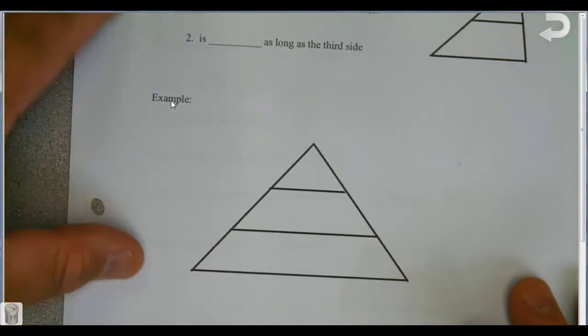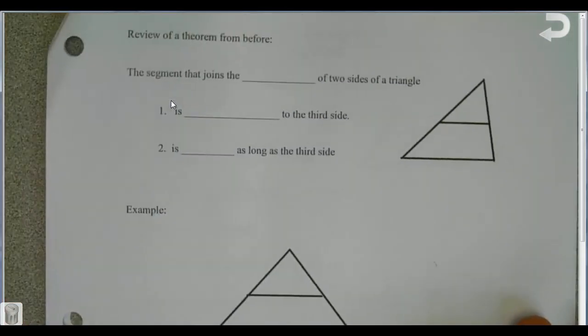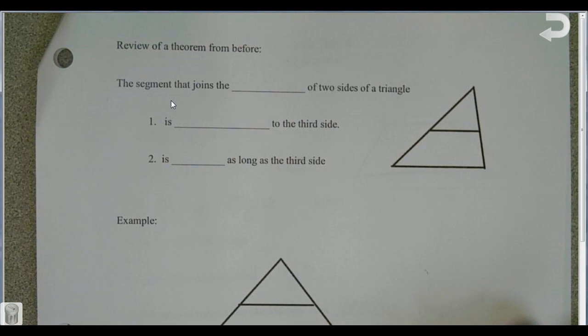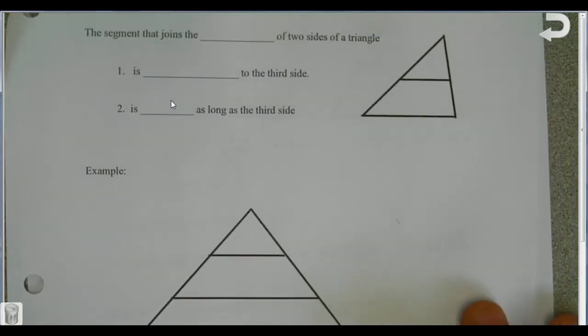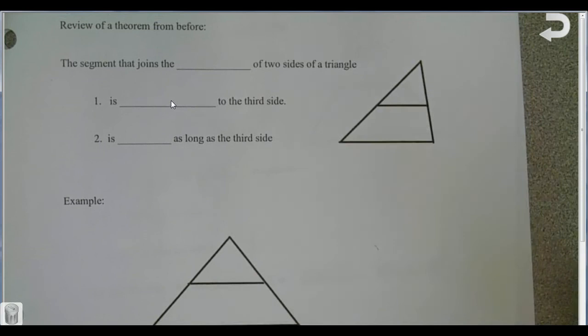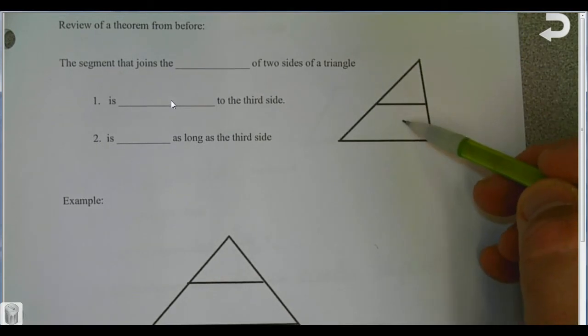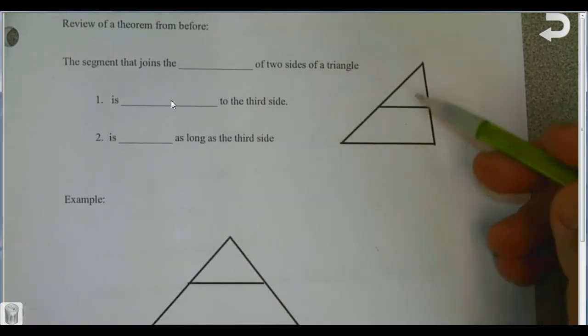The other thing we want to talk about is to be able to review a theorem from before, okay? And so you can tell here we have the triangle, but also in the triangle I have a trapezoid here made by cutting the triangle.